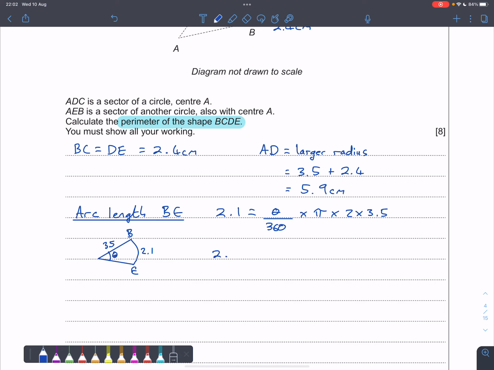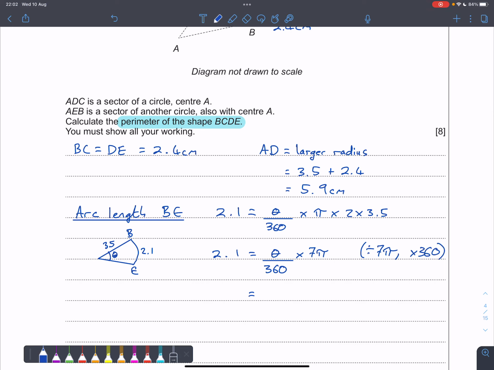So this leaves me with 2.1 equals theta over 360 multiplied by, and if I work all that out, 7 pi. To get theta on its own, I need to do two things. I need to get rid of the times by 7 pi, so I can do that by dividing by 7 pi. But I also don't want this divided by 360, so at the same time I can multiply both sides by 360.